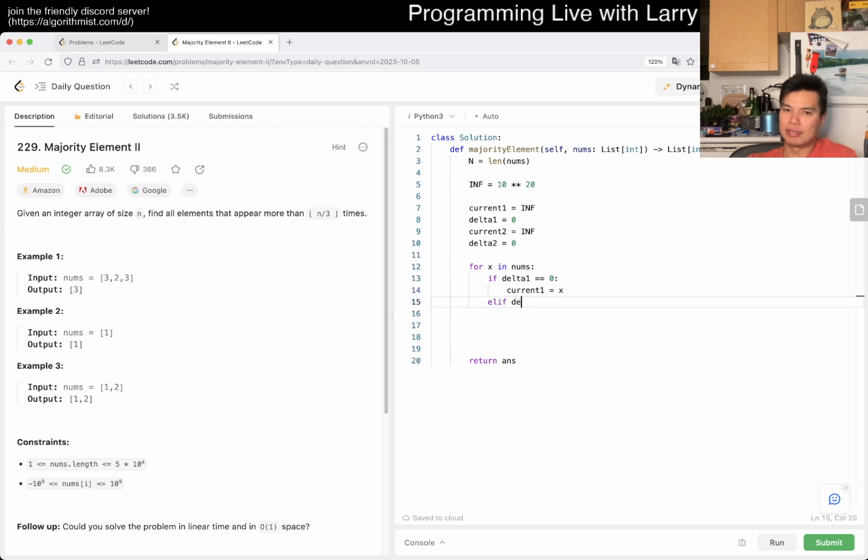Else, if delta 2 is equal to 0, then current 2 is equal to x. Oh, actually, the order has to be precise, I suppose. If current 1 is equal to x, then delta 1 increment by 1. Else, if current 2 is equal to x, then delta 2 increment by 1. Else, I don't know, something like this maybe?